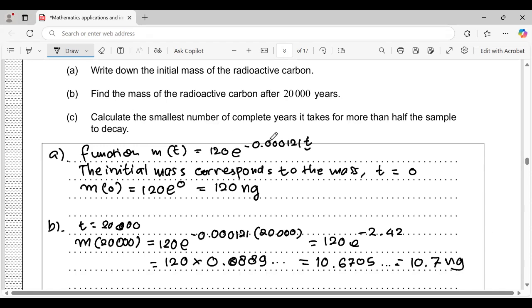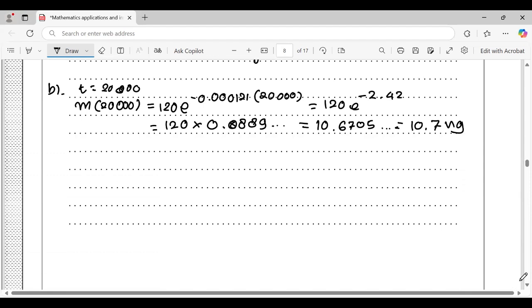Calculate the smallest number of complete years it takes for more than half the sample to decay. Half of the initial mass is 120 divided by 2, which equals 60 nanograms.